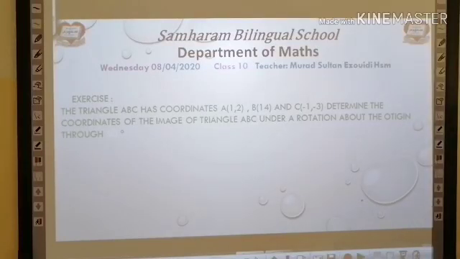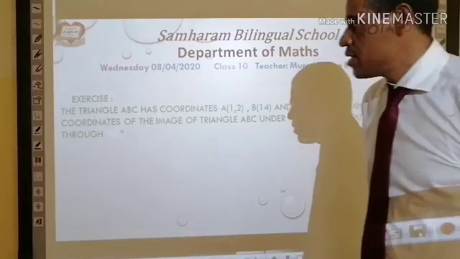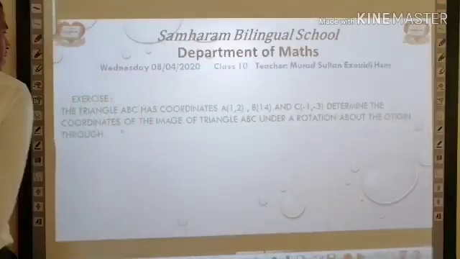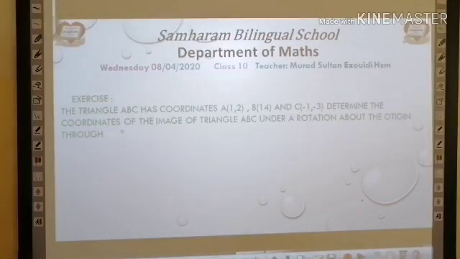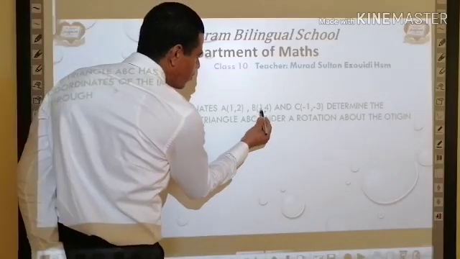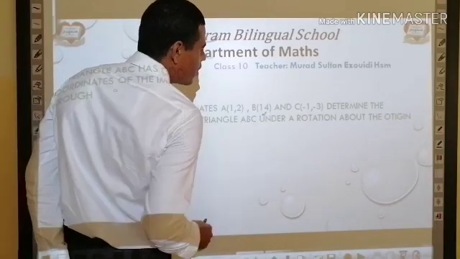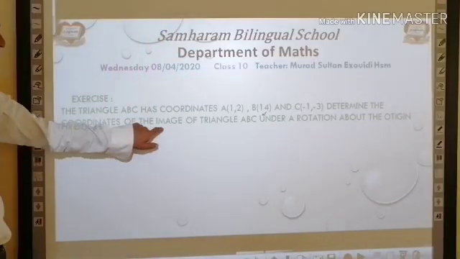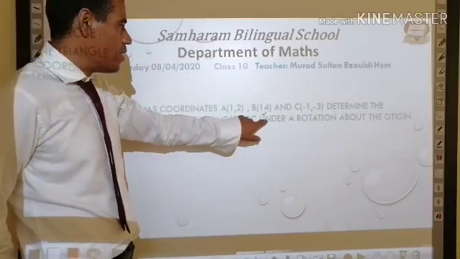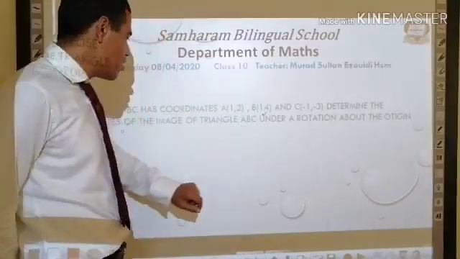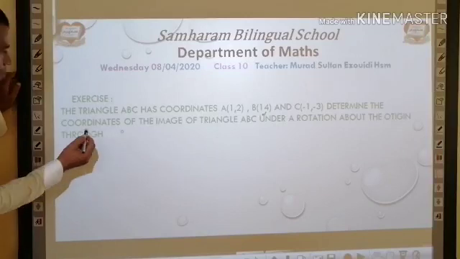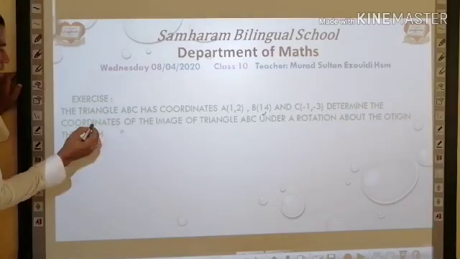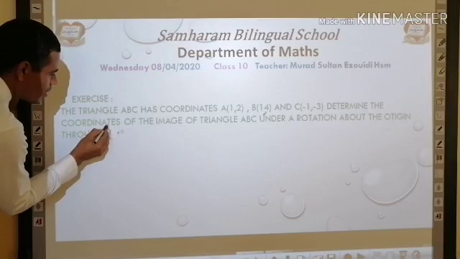So here we have an exercise. One volunteer carry out the exercise. The triangle A, B, C has coordinates A 1, 2, B 1, 4, and C negative 1, negative 3. Determine the coordinates of the image of the triangle A, B, C in the rotation about the origin through 90 degrees.